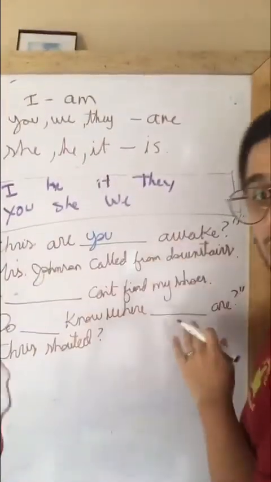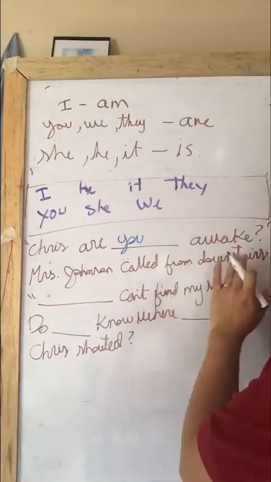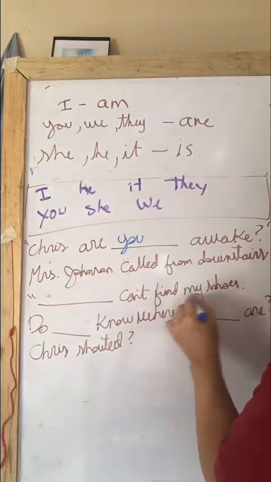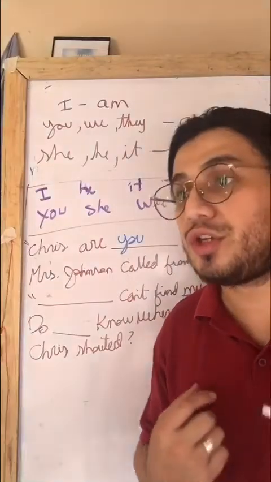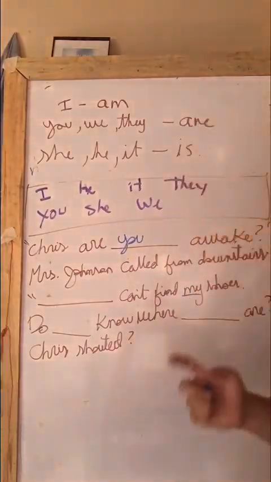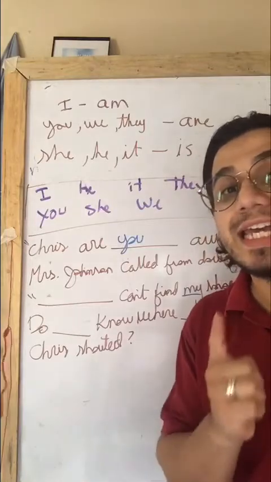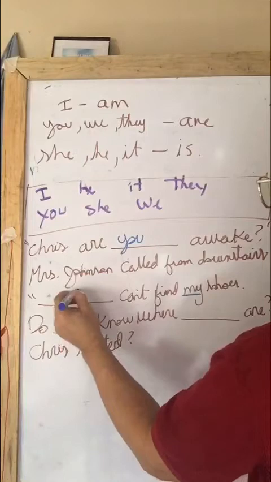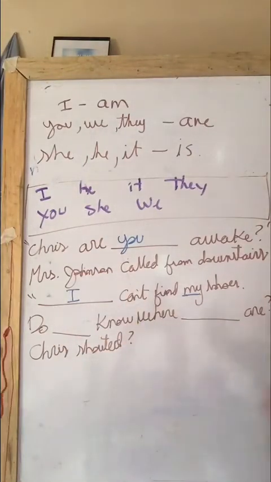Mrs. Johnson called from downstairs. And then, I can't find my shoes. As much as we see that it says my shoes, you should realize what this person is looking for. He's looking for his shoes, so my shoes would be I. And then on and on.